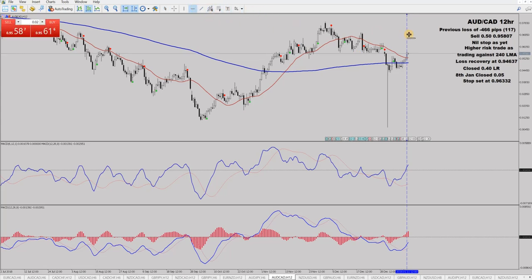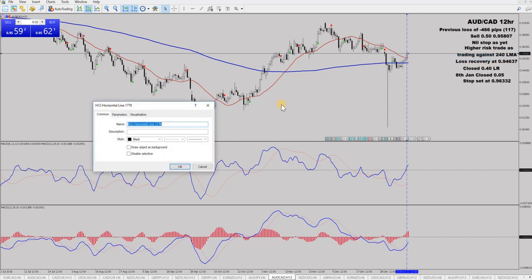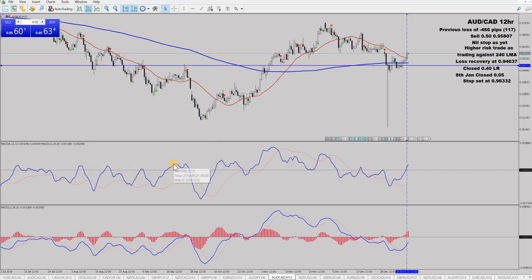All right, so we're at a buy in this area here. So the buy is actually at... Let's get this on so you can see where it is exactly. So we've got a buy at 94,773... and that is not right.